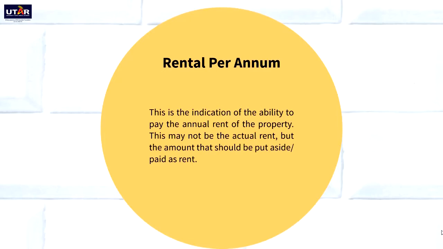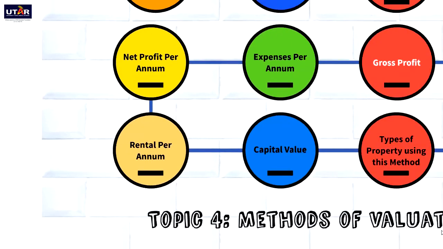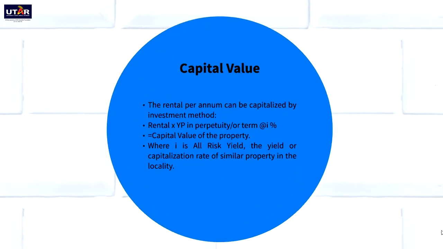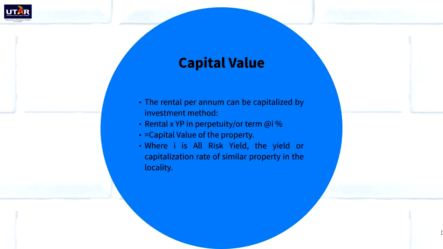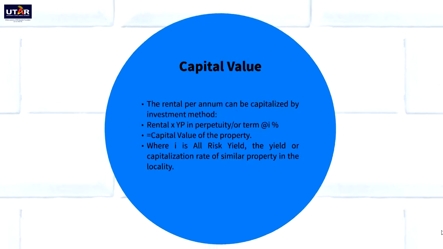This may not be the actual rent but the amount that should be put aside or paid as rent. Finally, to get the capital value, the rental per annum can be capitalized by the investment method: the rental that we got earlier, times the years purchase in perpetuity or term at I%, equals the capital value of the property, where I is the all risk yield, the capitalization rate of similar property in the locality.